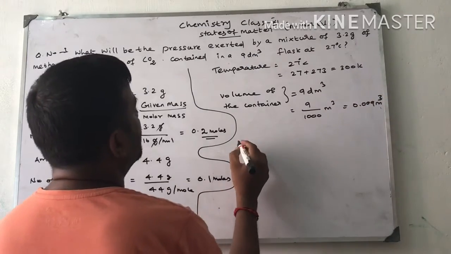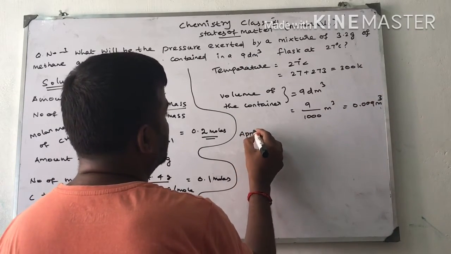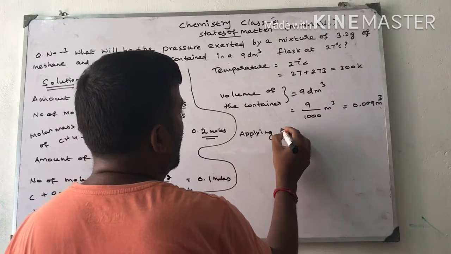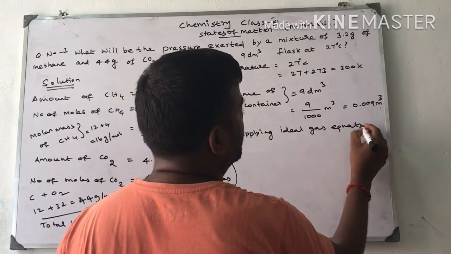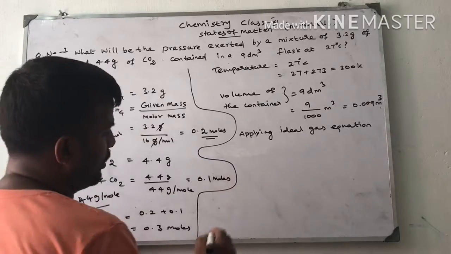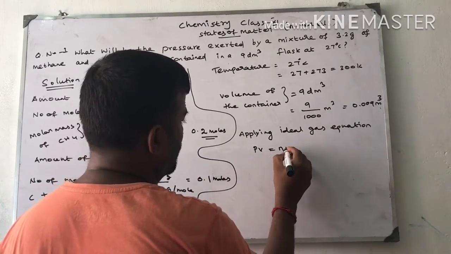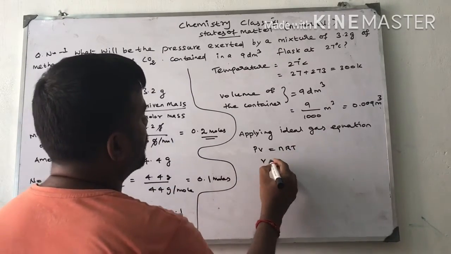Next is applying the ideal gas equation. PV is equal to nRT. We want only the pressure of the mixture.